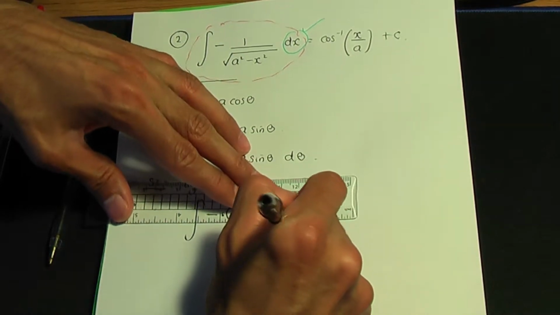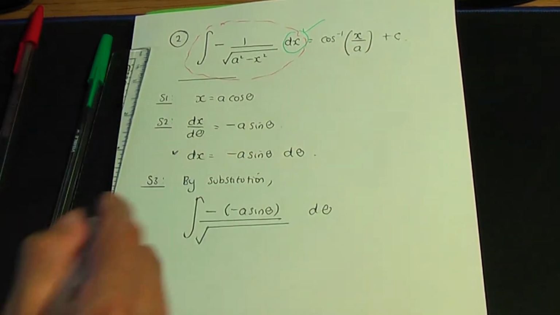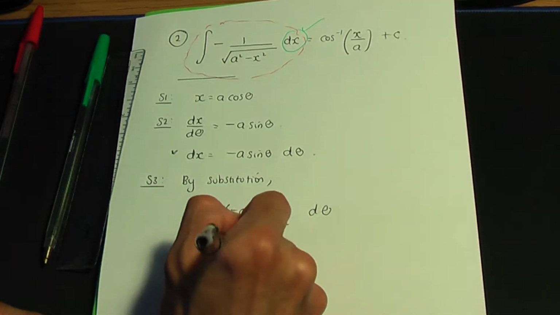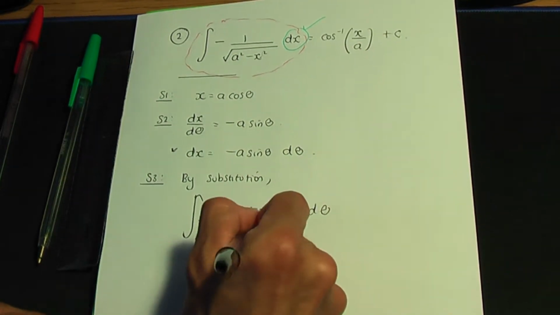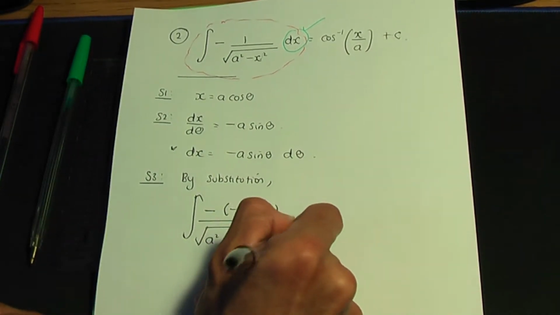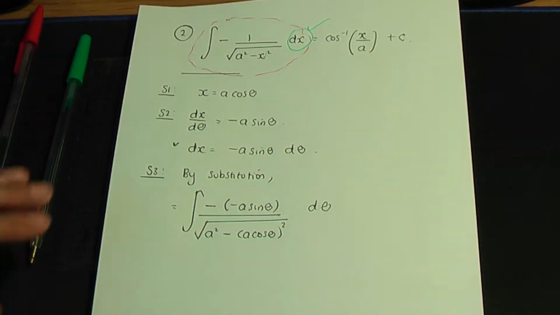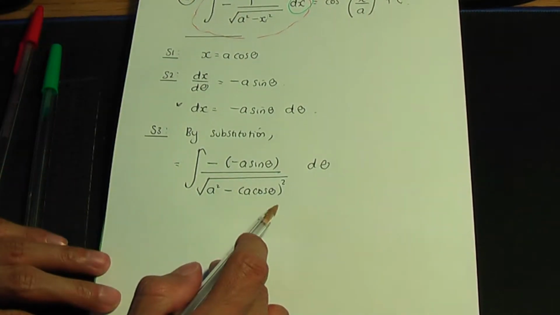Over the root of, and in this case we have a squared minus x, and x in our integral is a cos theta. So an a cos theta, don't forget to square. Okay. So at the moment we have this integral to simplify.